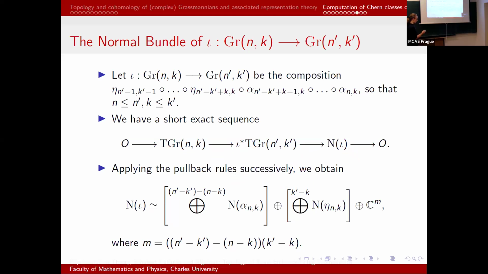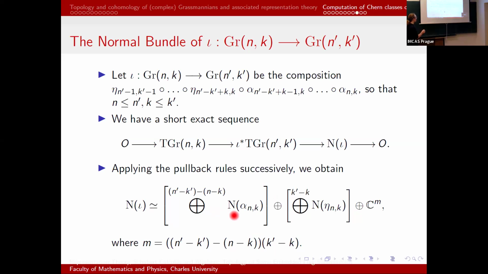And if we successively apply the properties of the normal bundles, going one step in the lattice at a time, then we obtain that the normal bundle of iota splits into a direct sum of the vertical normal bundles and the horizontal normal bundles, and we also have some trivial bundle left, but that's not important for the computations of characteristic classes.